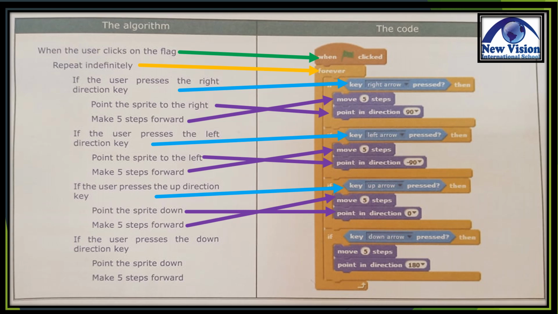If the user presses the down direction key, it is equivalent to key down arrow pressed. Point the sprite down is equivalent to point in direction 180. And finally, make 5 steps forward is equivalent to move 5 steps.